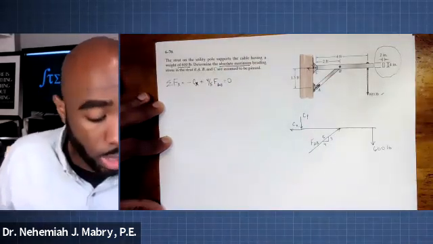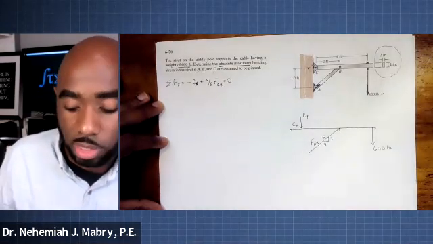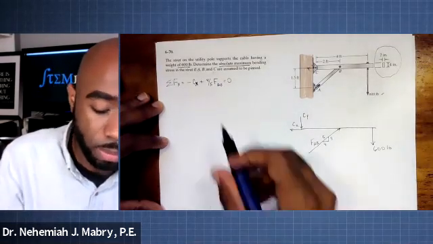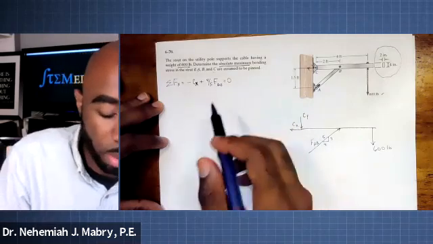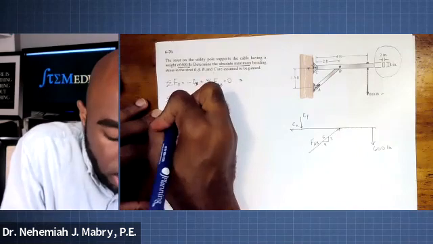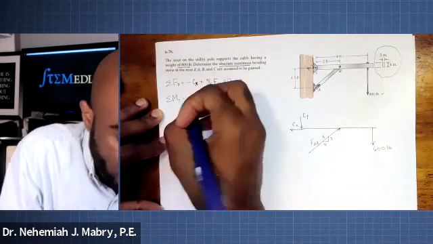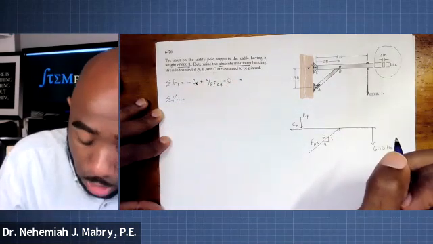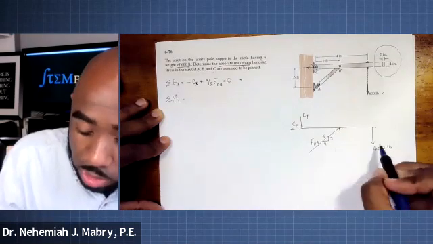We can do another equation, sum the moments about C, because we need to solve for either Cx or FAB before we can find what we're looking for. So let's sum the moments about C. We've got these two forces here that are going to cause a moment.